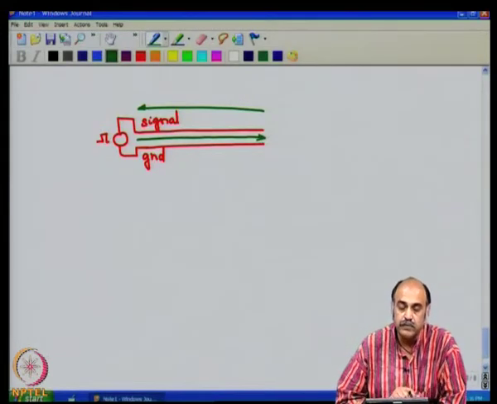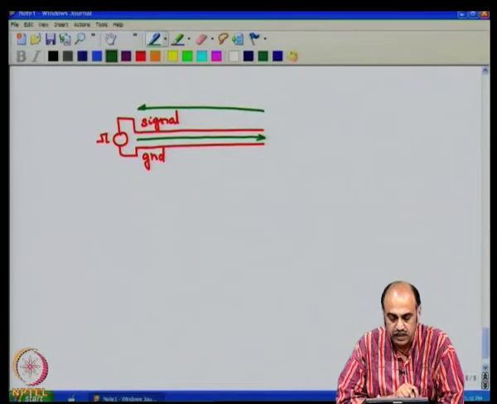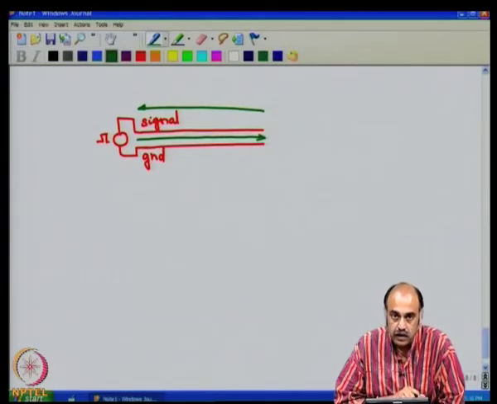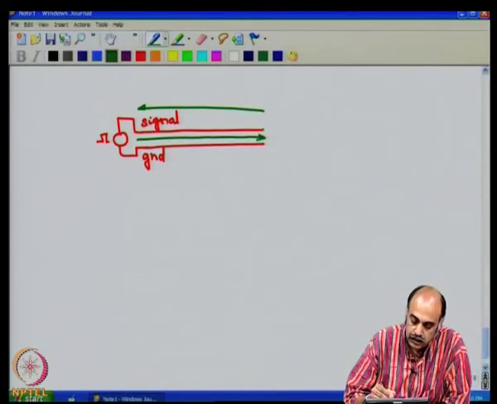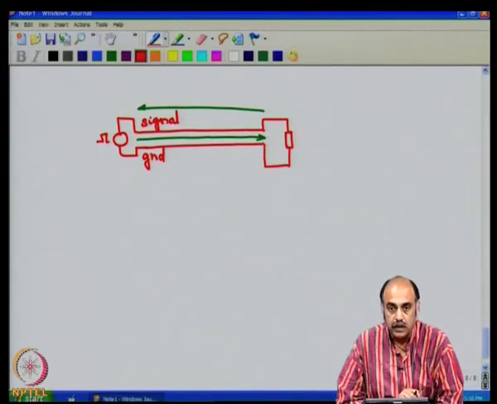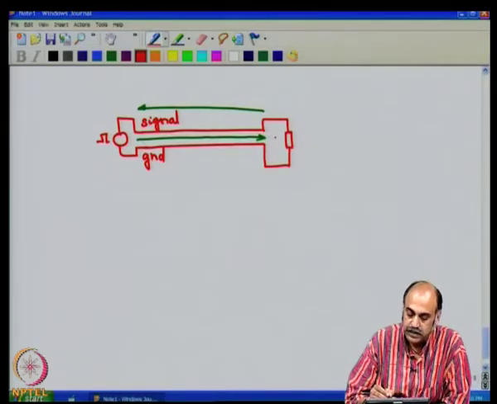So, normally in a low frequency signal, the wave propagation is so fast compared to the rise time of the signal that we do not consider these effects. But when the wave propagation is of the order of magnitude corresponding to the rise time of the signal, then you will have reflection effects.